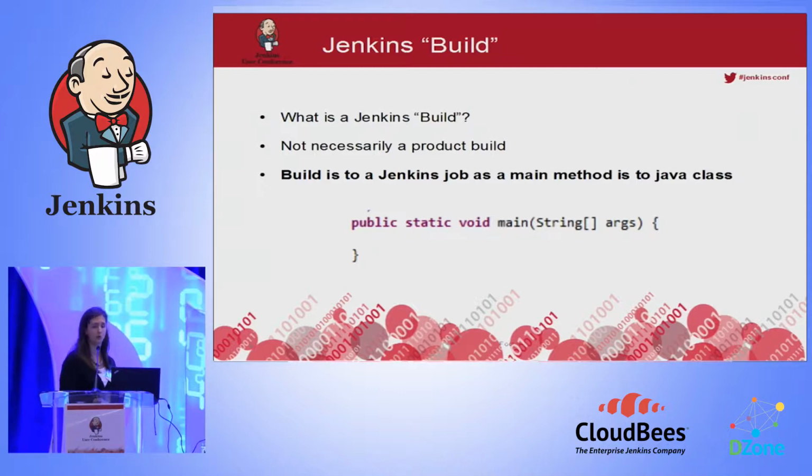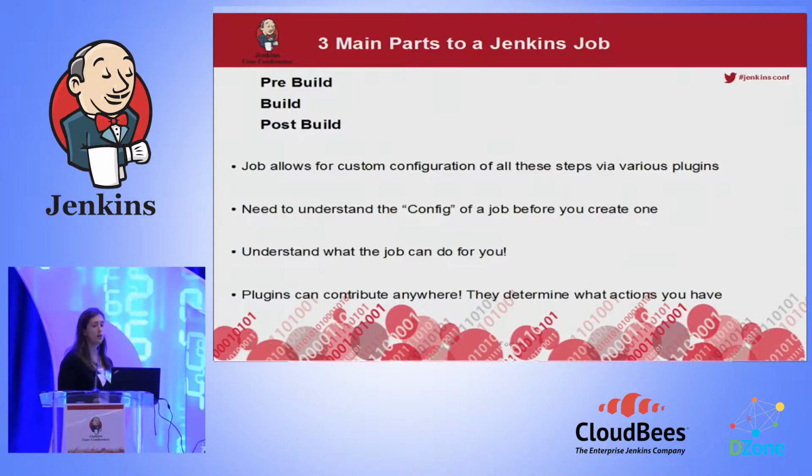It's an automation tool. So there's 3 main parts to a Jenkins job. There's the pre-build, the build itself, and the post-build. So the pre-build is anything you want to do to set up environment variables, get things squared away before you actually do the main work of the job. It allows you to customize and configure these 3 different steps.